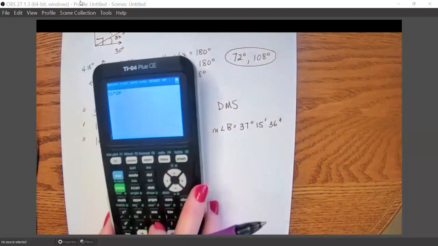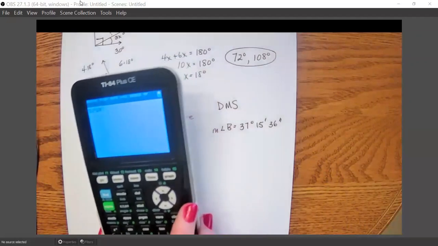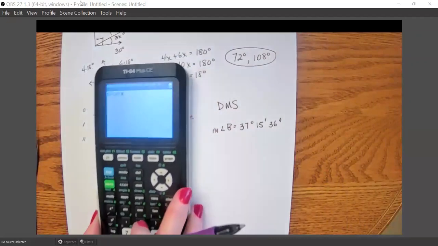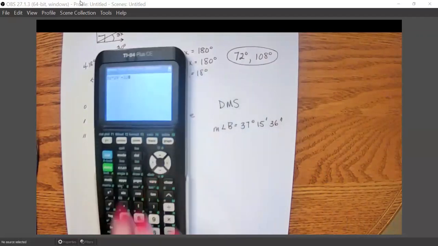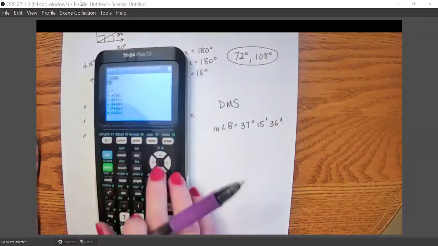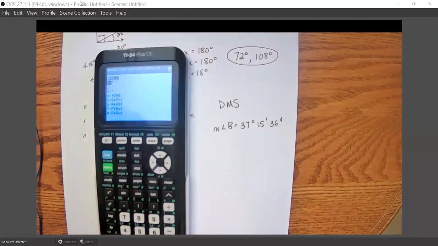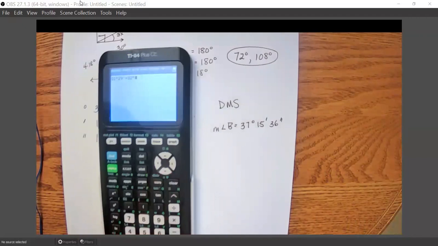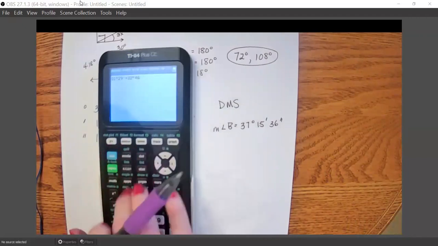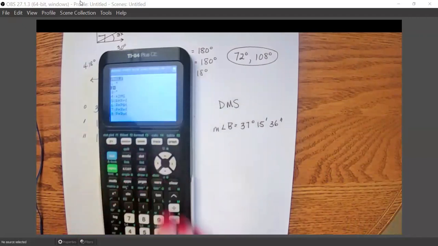So that is 51 degrees, 29 minutes. I want to add to that 32 degrees. 32, second angle, and pick degrees. 32 degrees, 46 minutes. So I'm going to go to second angle, go down and pick my minute notation.